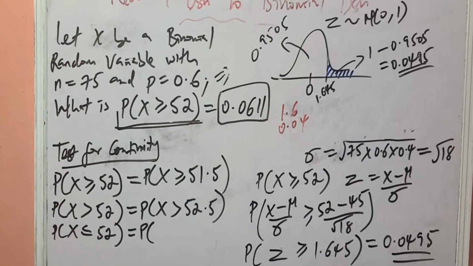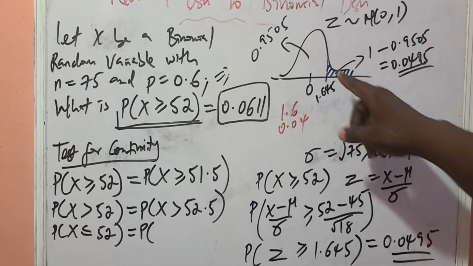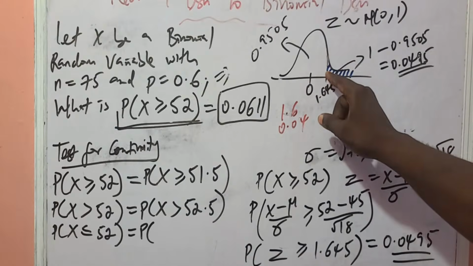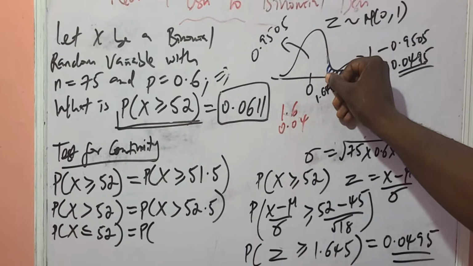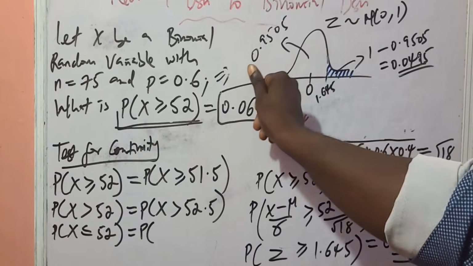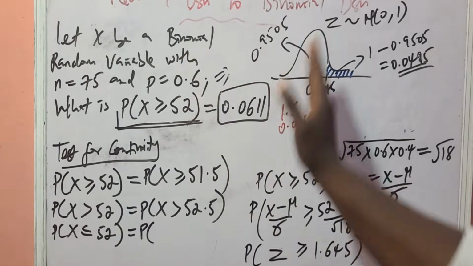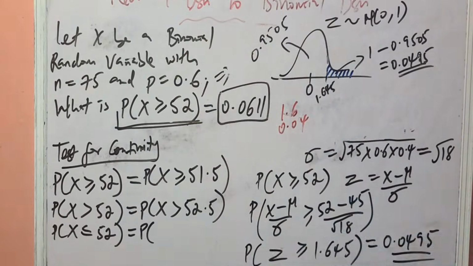If this line was 52, we want to take it a bit backwards so that we can cover the entirety of 52 and everything in this band. So we'll be having x less than or equals to 51.5. You can see we have taken it a bit backwards.